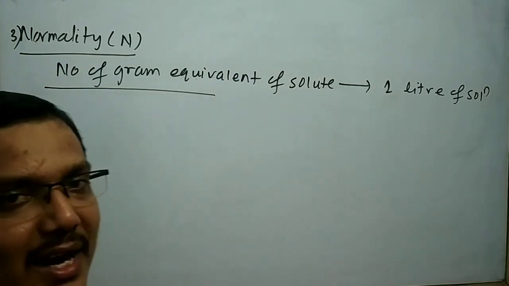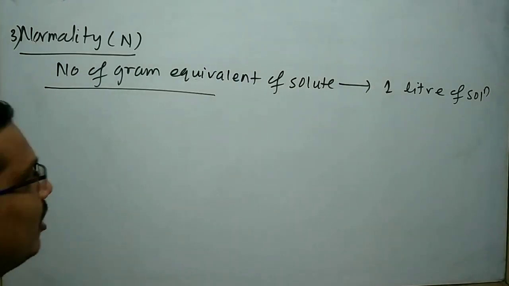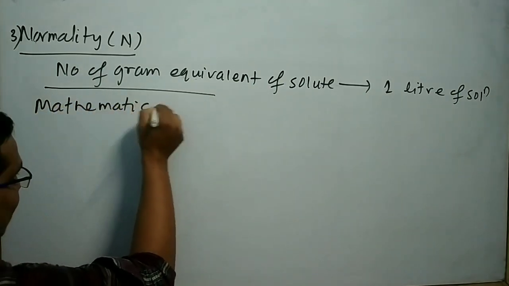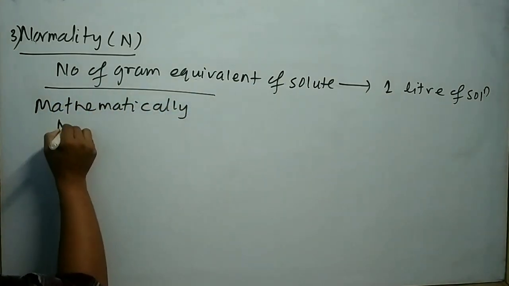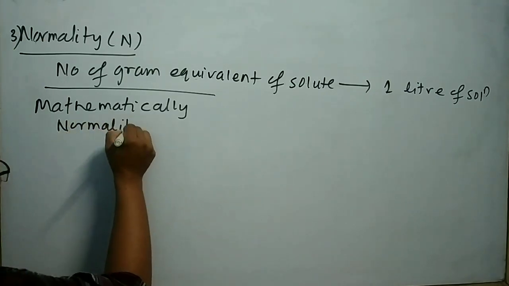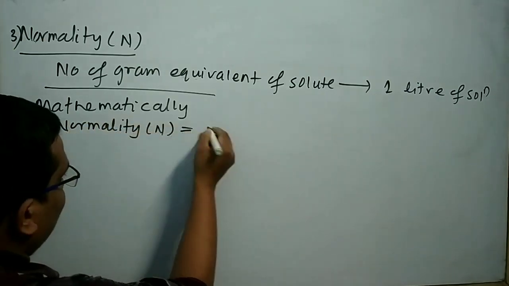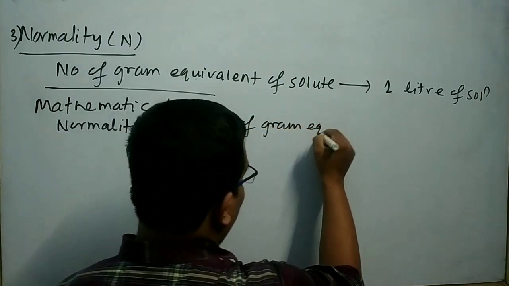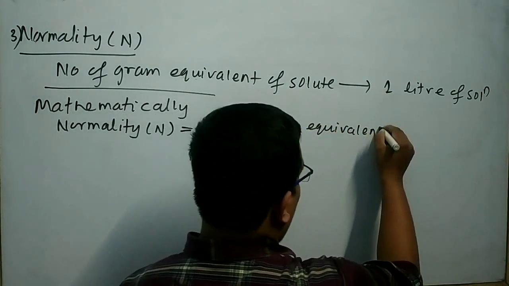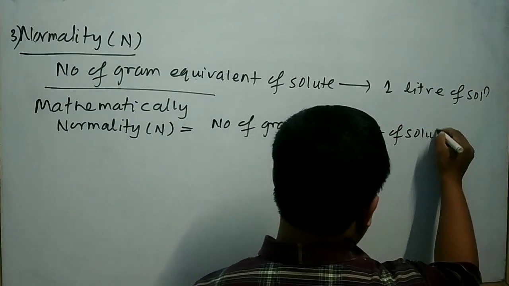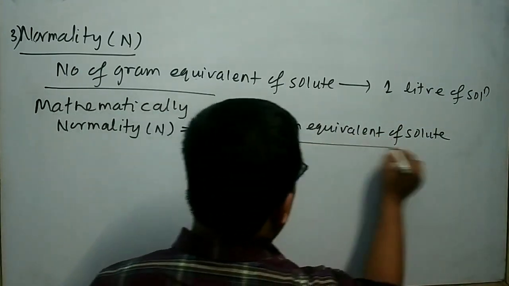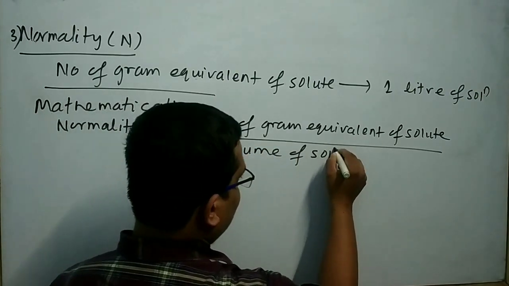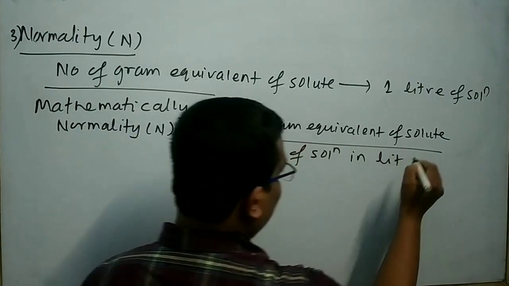That is called the normality of the solution. Mathematically, I can write normality N equal to number of gram equivalent of solute divided by volume of solution in liter.